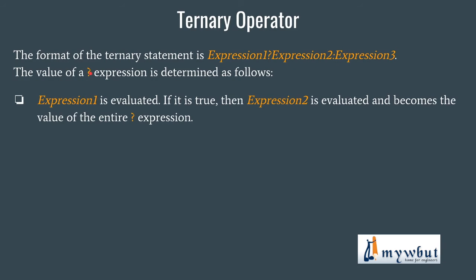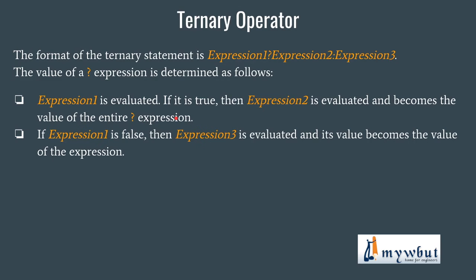The value of this question mark expression is determined as follows. Expression 1 is evaluated first. If it is true, then expression 2 is evaluated and becomes the value of the entire expression. Otherwise, if expression 1 is false, then expression 3 is evaluated and it becomes the value of the entire expression.